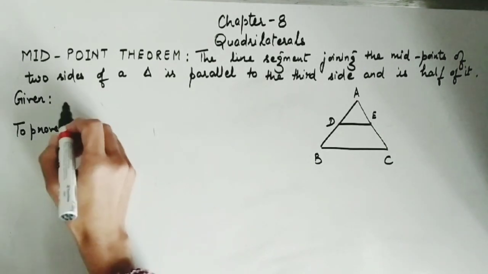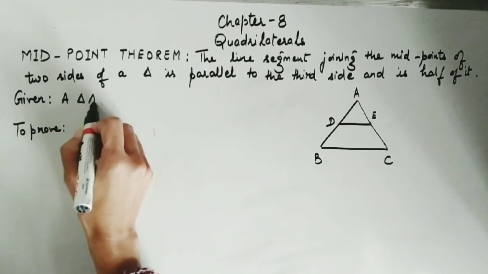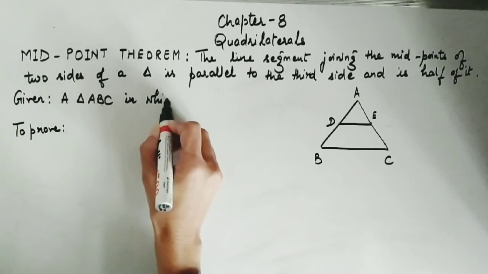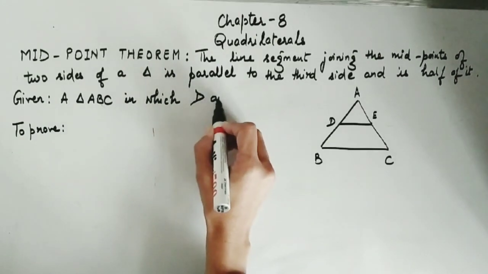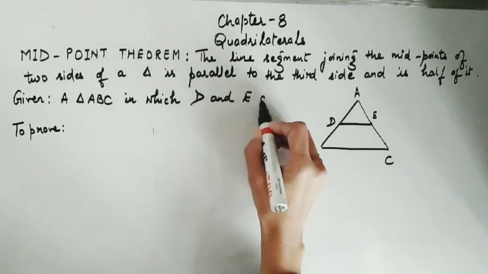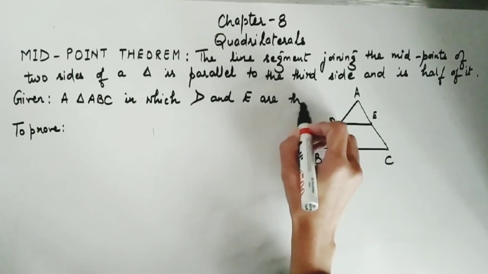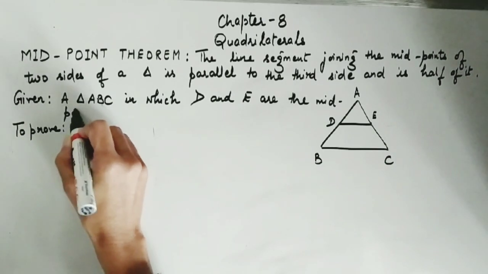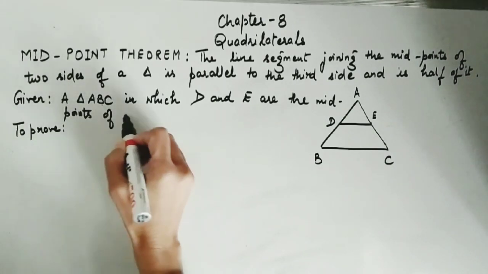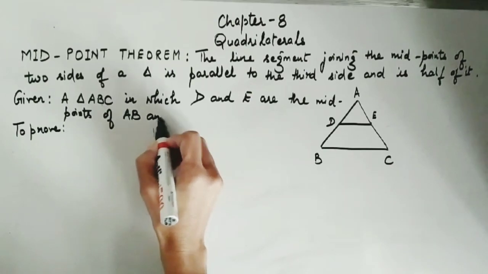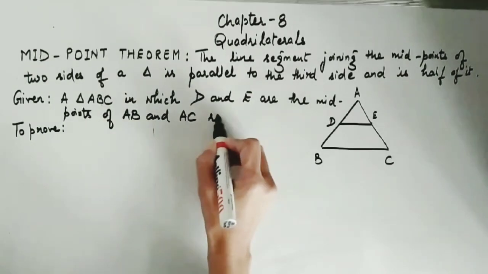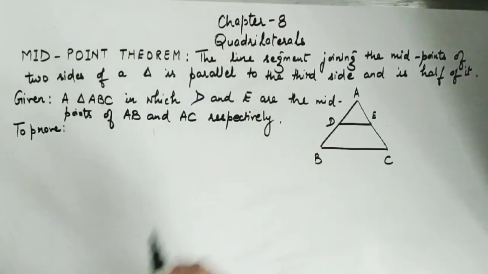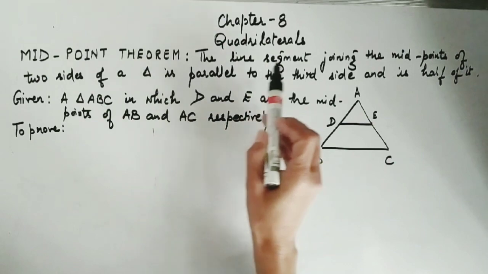We are given a triangle ABC in which D and E are the midpoints of AB and AC respectively.